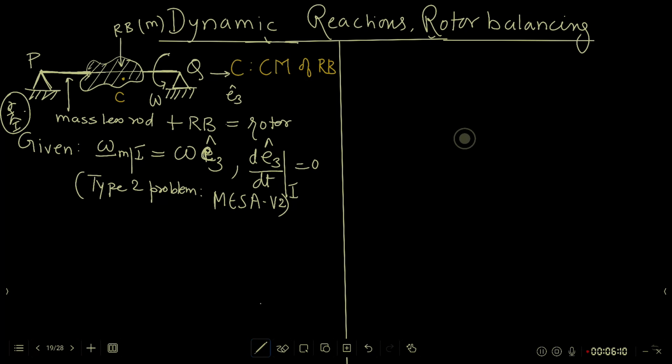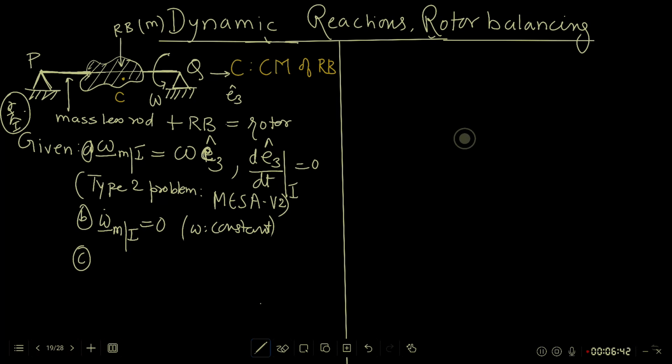It's also given that omega dot mi is 0. So omega is constant. C is the center of mass, and the way I have drawn it, the center of mass is not lying on the axis of rotation.